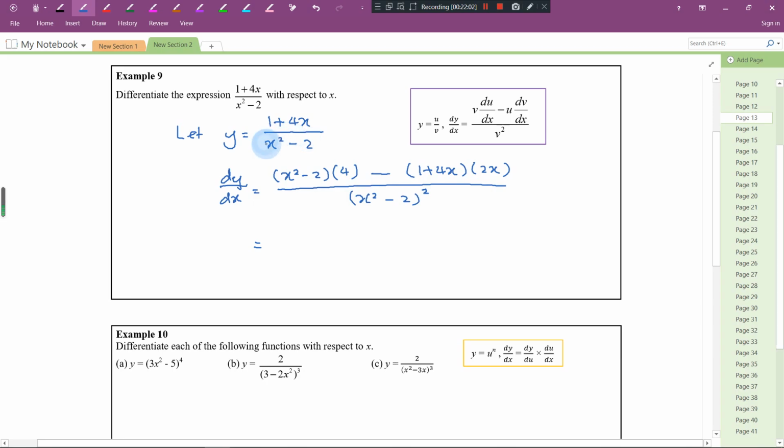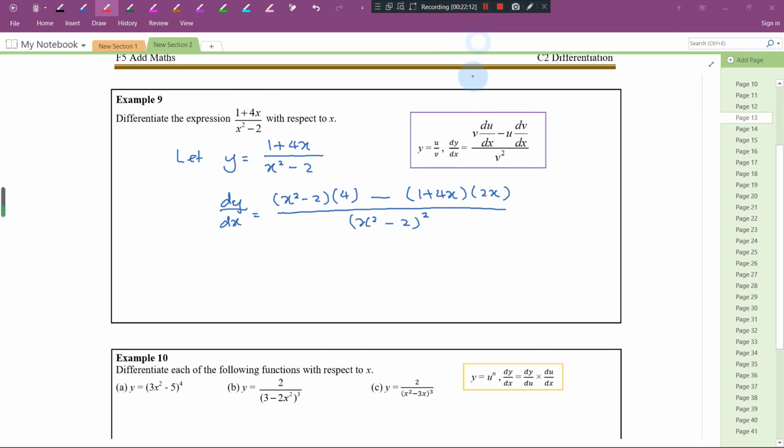The whole thing you need to square, just like what we did just now. You can continue and you will get exactly the same answer. Remember this one, don't mix it up with another one. The formula I told you just now is for u over v. Later we are going to learn another formula, for y equal to u times v, that needs another formula.